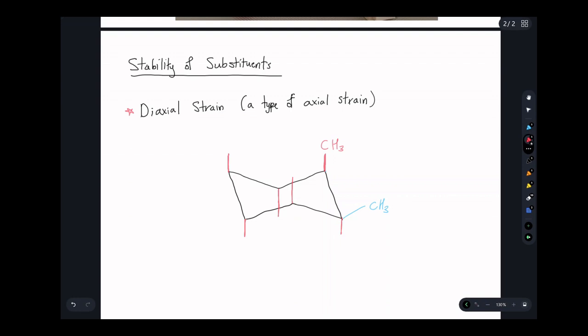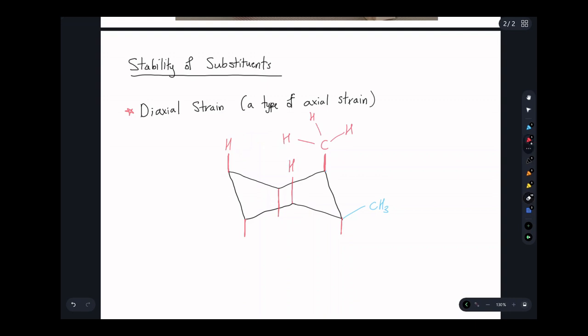Now, this methyl group that's projecting upwards on the axial position is still pretty close to the ring and is able to interact with these other hydrogens. Let's draw that carbon-hydrogen bond out. And we can see that these hydrogens are pretty close together. So by being on an axial position, your substituents may actually interfere with other axial positions.